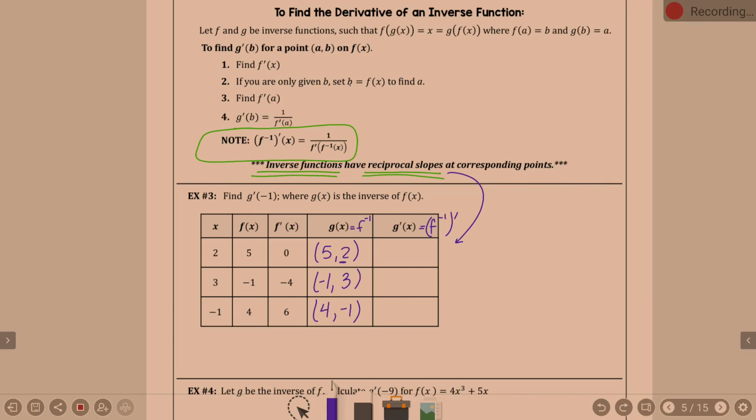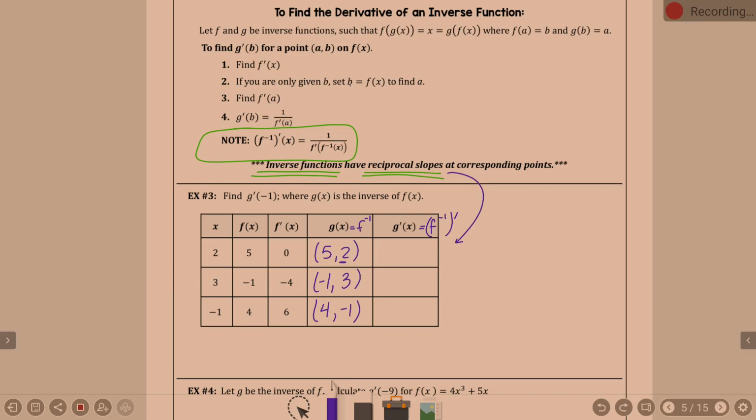We'll start off with the trickiest one. Thoughts on what g prime is going to be? Inverse functions have reciprocal slopes. What's the slope of the original function at 2, 5? The slope is 0.